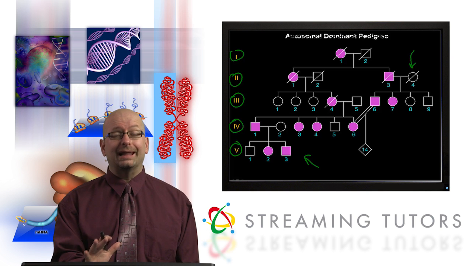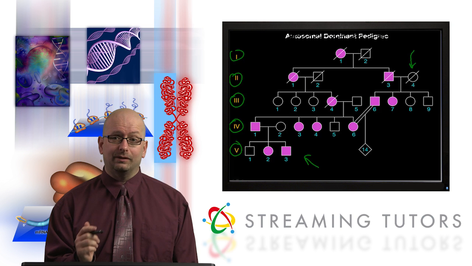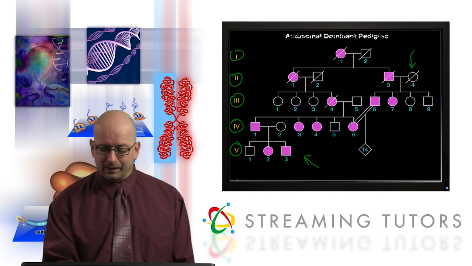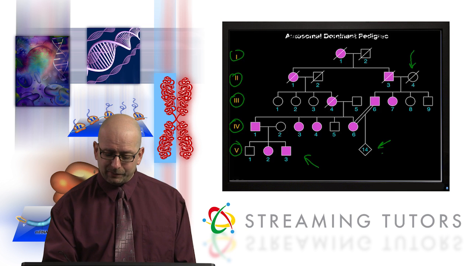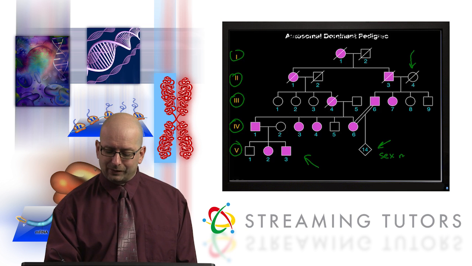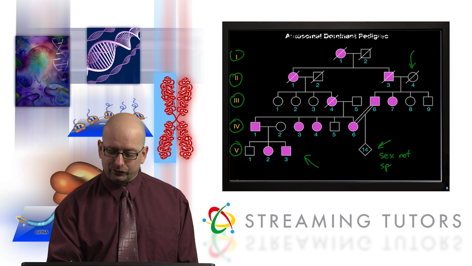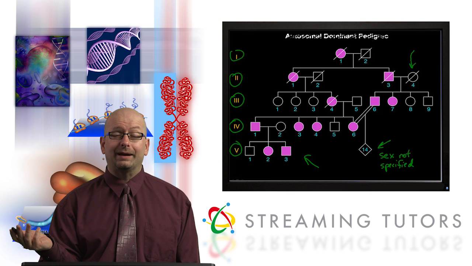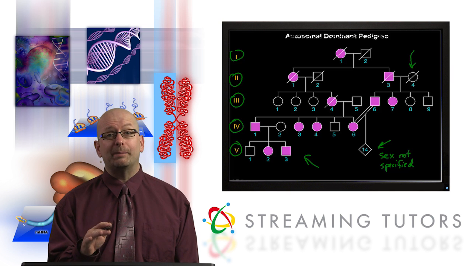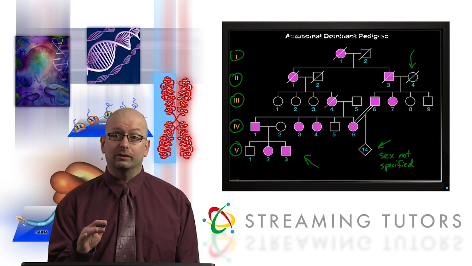That's what allows us to construct something like this. Also, over here we see a diamond shape. The diamond shape means sex is not specified, either because it's not known or for whatever reason, but all that means basically is we don't know for a fact if it's a male or female, and in this type of analysis that really doesn't matter that much.